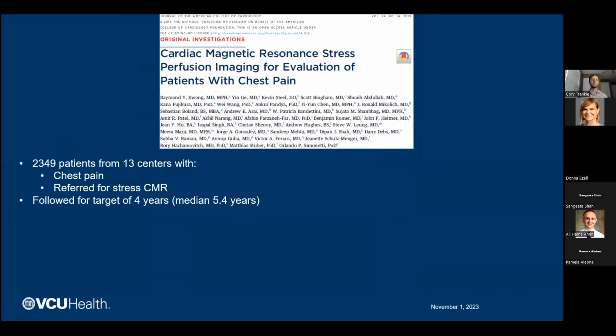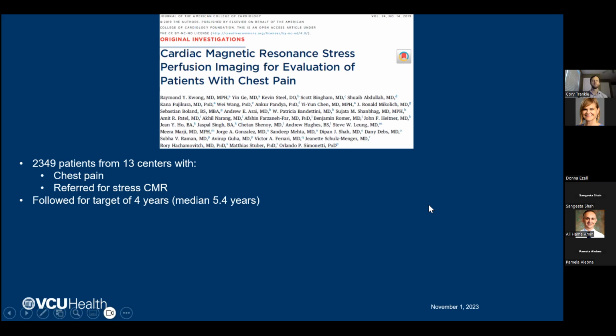And then, just confirming our use of first pass perfusion imaging for stress tests was the SPINS study, which was a large multi-center retrospective registry of sites that had been using stress CMR for, I think, at least 10 years or so.